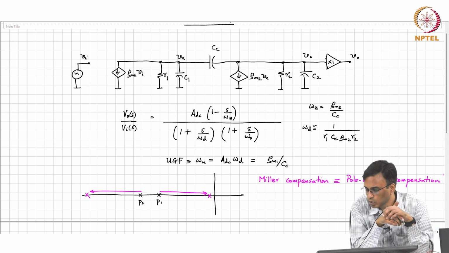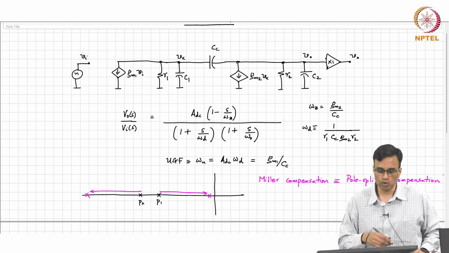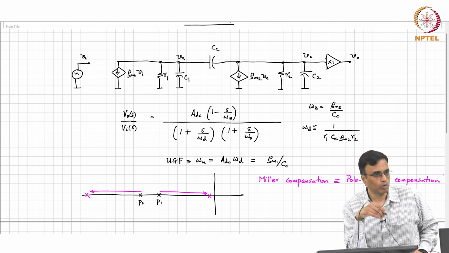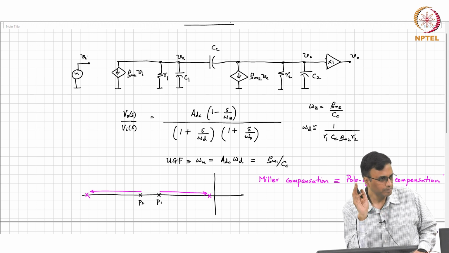So, as far as the user is concerned, you don't have to worry about will my closed loop be stable and so on. As long as the feedback factor is less than 1, the system will be stable.